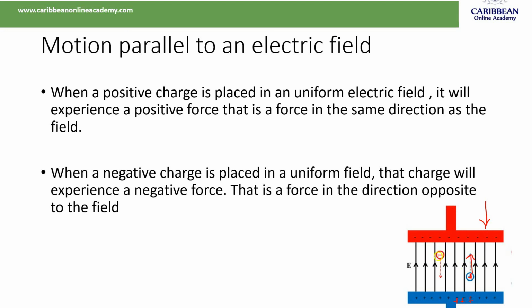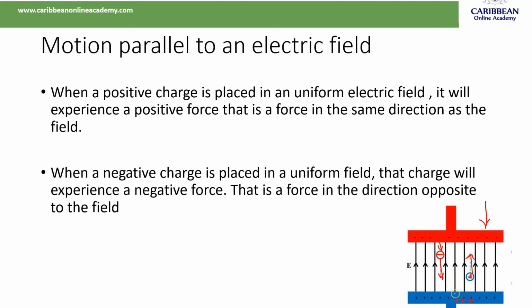Versus now, if you have a negative charge, which is an electron, once that is placed in the electric field, the negative plate will repel it downwards, and that force is actually moving in the opposite direction of the electric force.